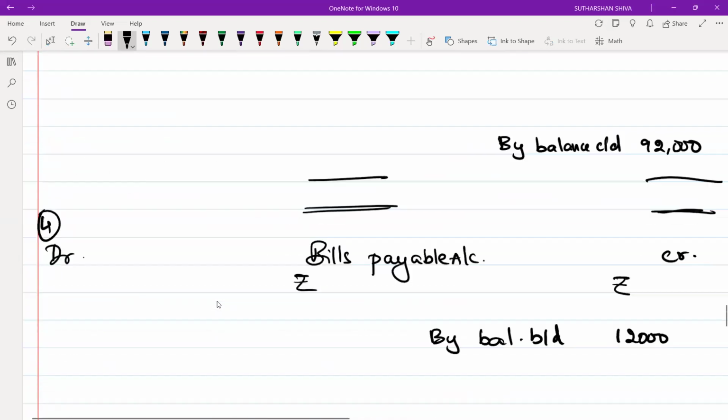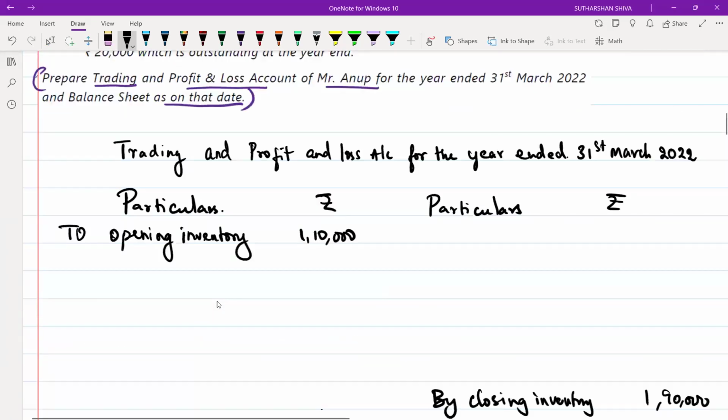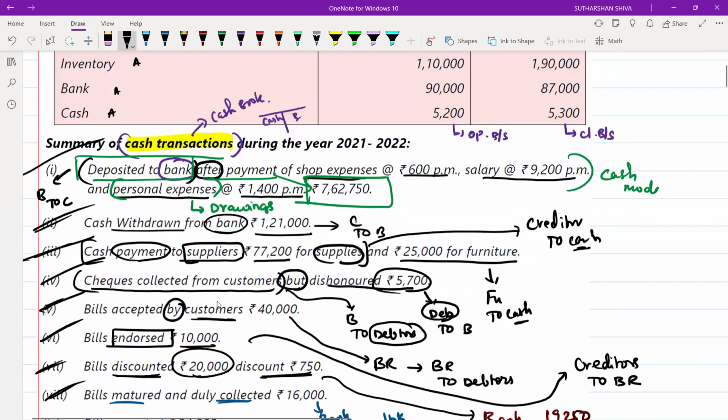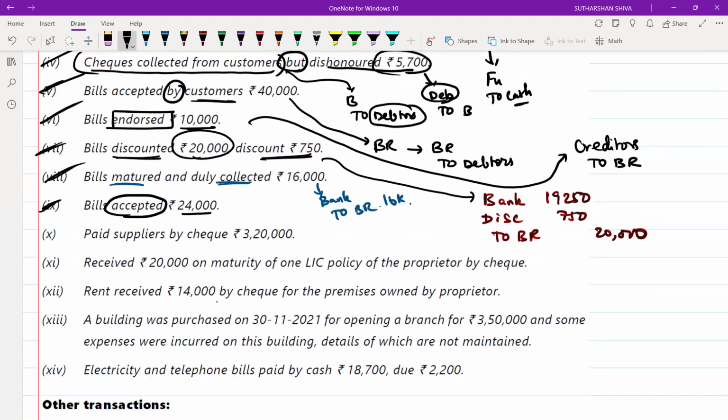Then now I will come back to my ninth adjustment for the day, that is bills accepted 24,000. It means what? Bills payable. What is the journal entry for bills payable?